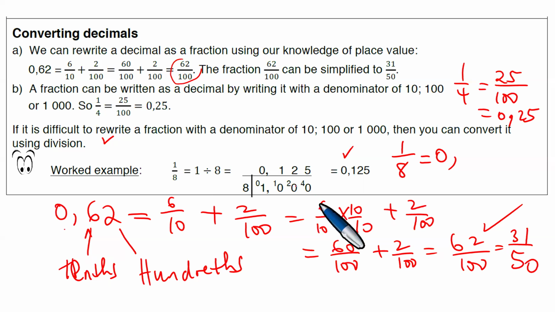Now with the remainder 1, you add a zero and look at that as 10. How many times does 8 go into 10? Once, and the remainder is 2, and you put 0.